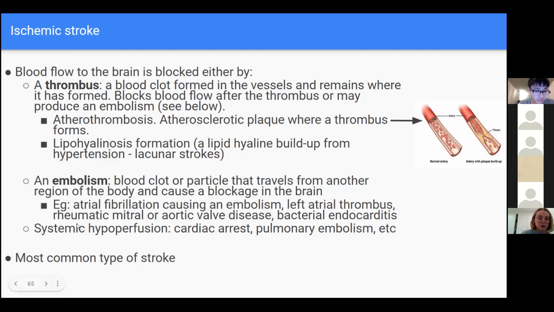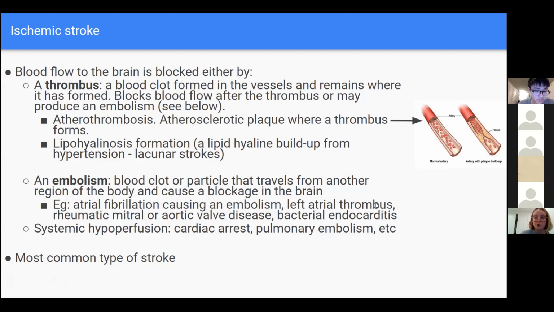For embolism now, an embolism is really when there's a blood clot, or anything really, that travels from another region of the body to the brain to cause the blockage. So examples of things that can create an embolism: we have atrial fibrillation, which will create a really coagulable state, and blood clots will form and go to the brain.